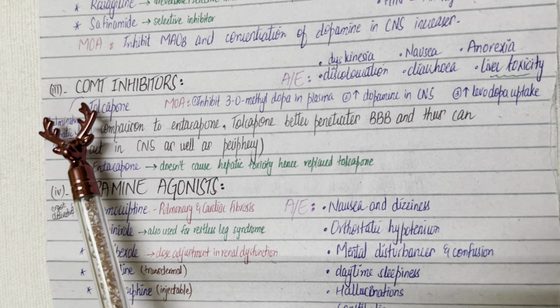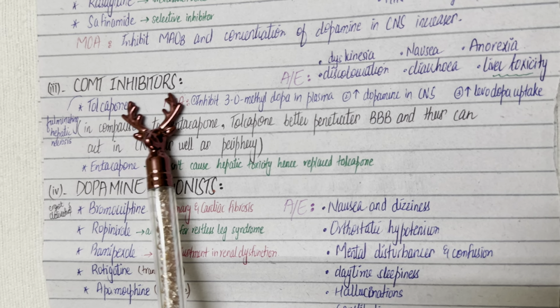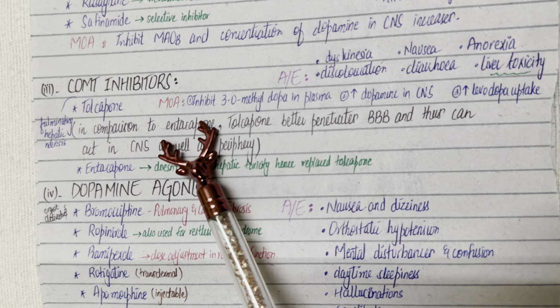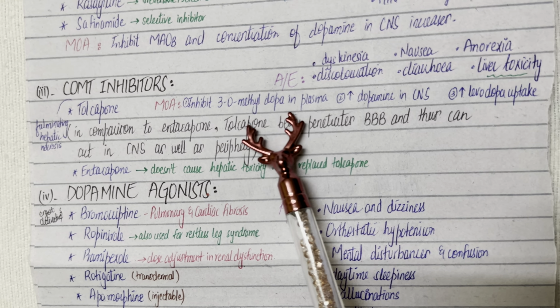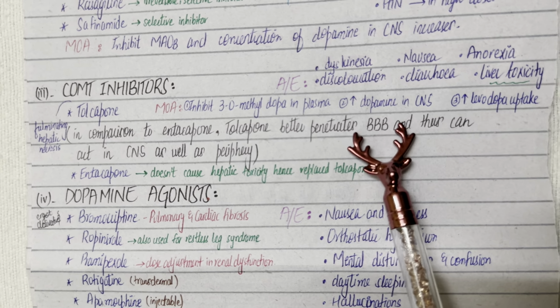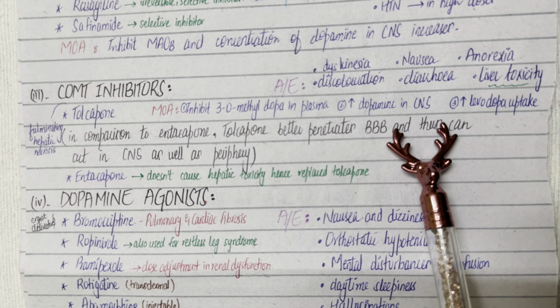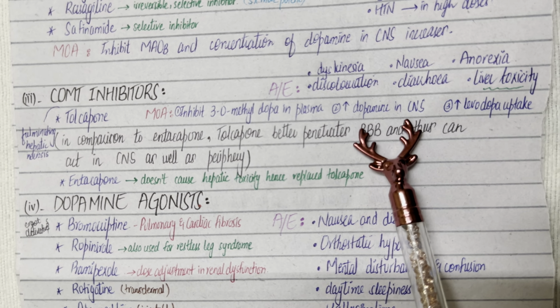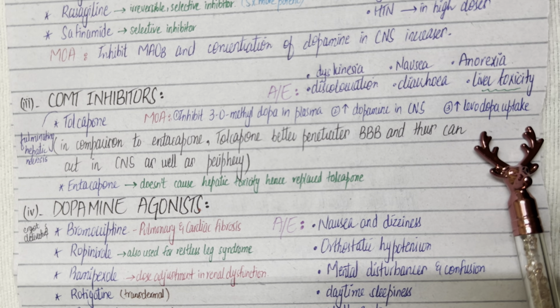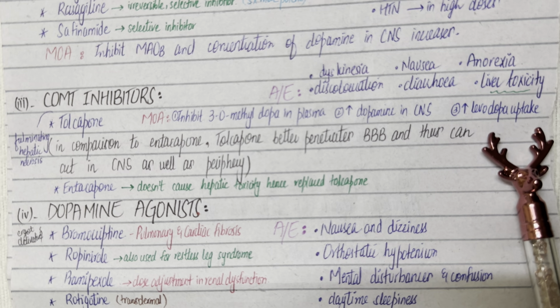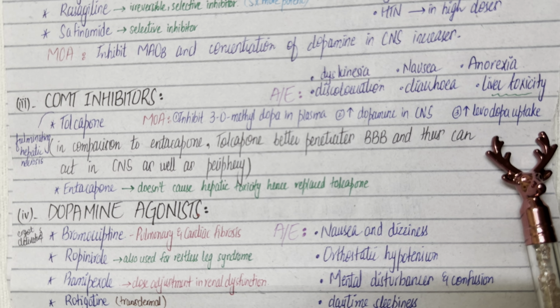Next class of drugs is catechol-O-methyl transferase inhibitors. Their mechanism of action is that they inhibit 3-O-methyldopa in plasma. Number 2, increase dopamine in central nervous system, that is by increasing the dopamine uptake. And third is they increase levodopa uptake by decreasing its peripheral breakdown that I've already discussed under the heading of levodopa.